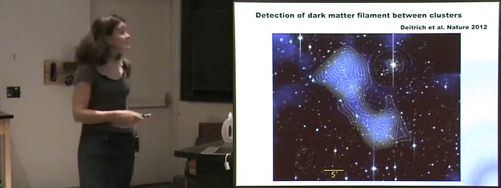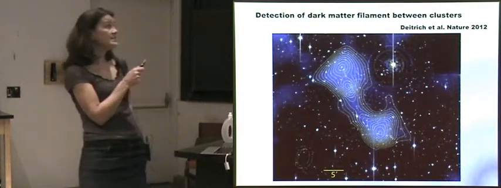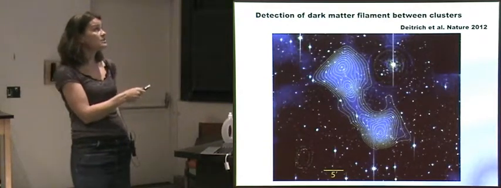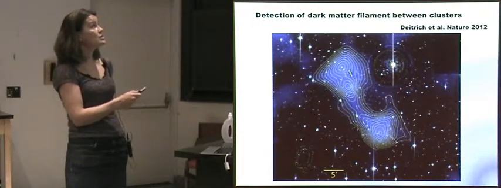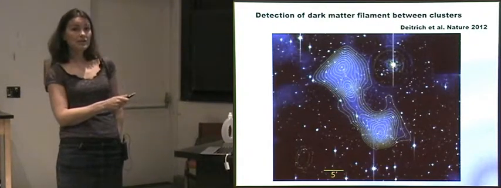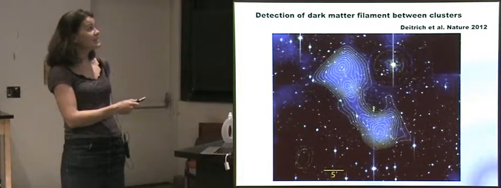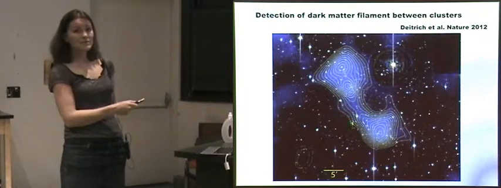Another interesting recent detection is a filament between two clusters. This is by a very different method, using gravitational lensing. The two clusters are here and here. And these lines are just showing the mass distribution that we infer from gravitational lensing. And what you can clearly see is that there's mass in between the two clusters.